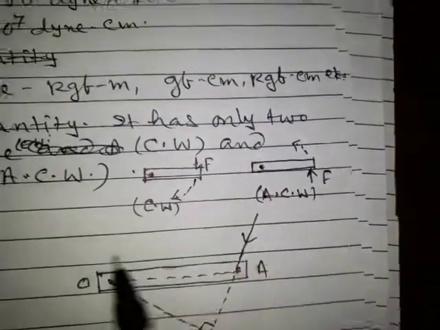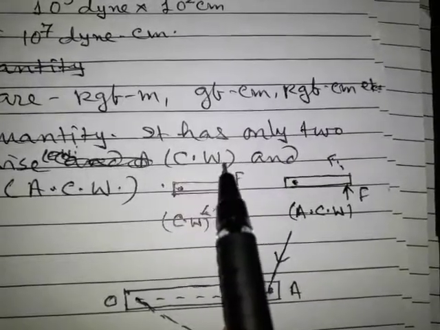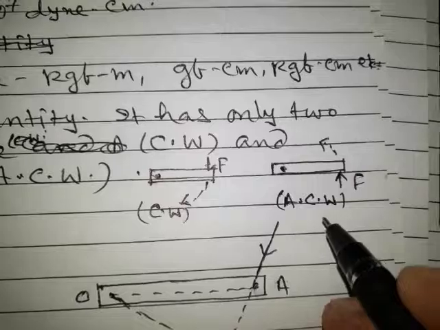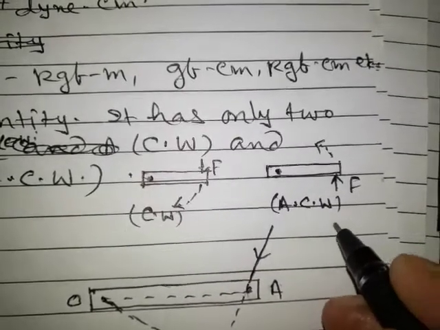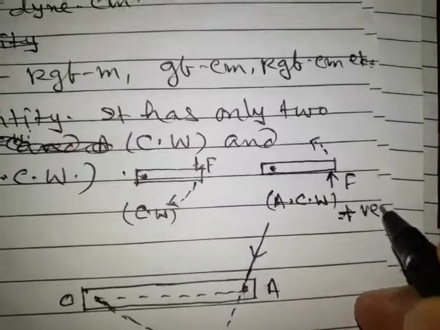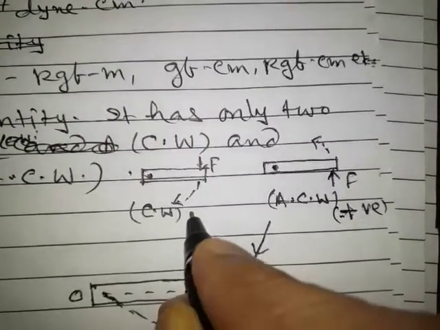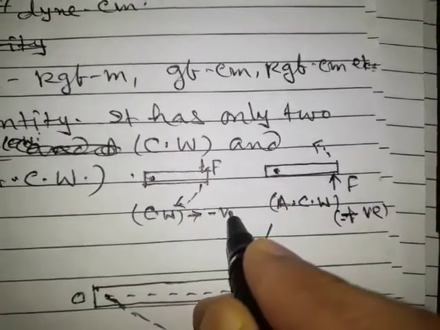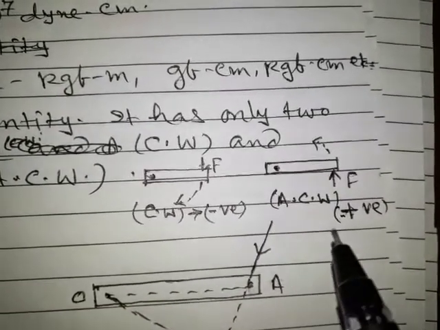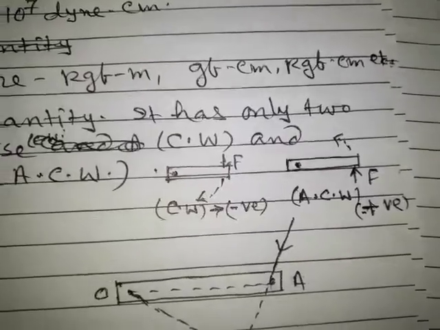As it has only two directions, clockwise or anti-clockwise, and both are opposite, it is represented by two algebraic symbols. Anti-clockwise we call positive, and clockwise movement we call negative.